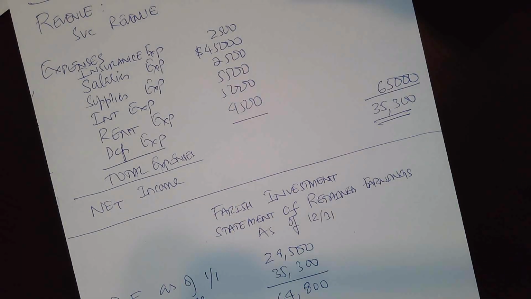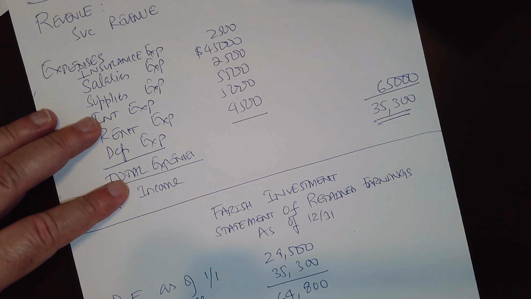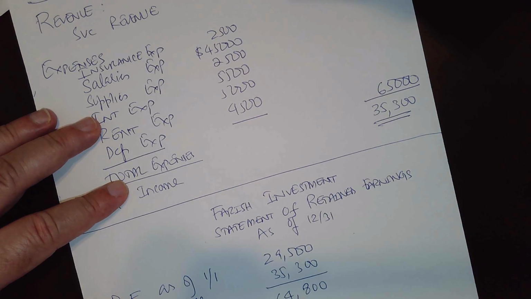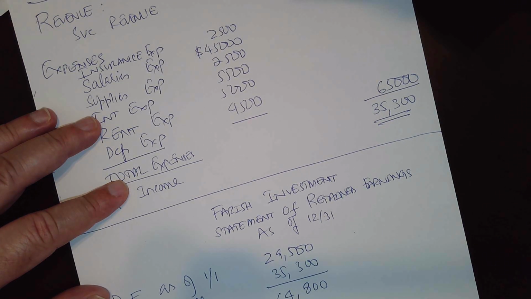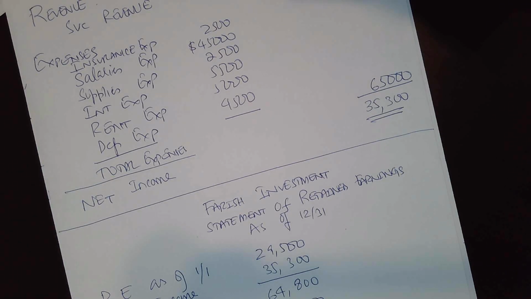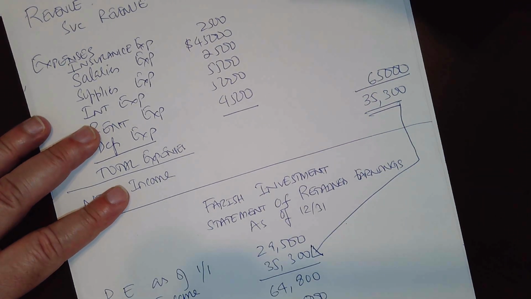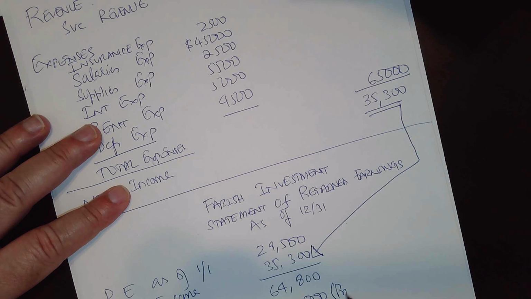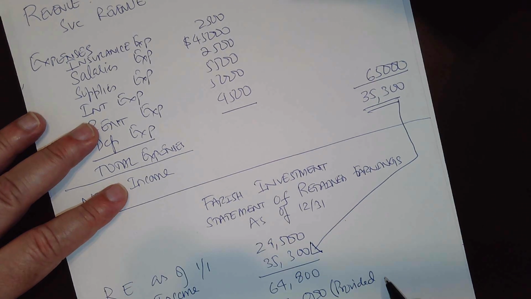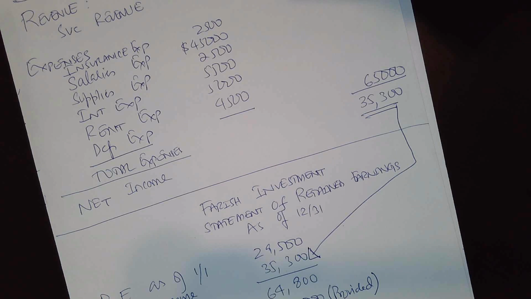So we subtract 29,000 and we are left with retained earnings as of December 31st of $35,800. So that is your statement of retained earnings. This number came exactly from here, and this dividend number was provided in the question. Okay, the next thing we have to do is to build a balance sheet.